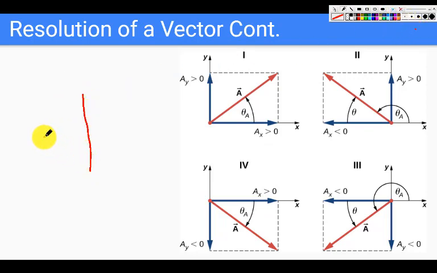So let's assume that we have these axes, x and y, and we have a vector here, and the components of this vector, so let's just say this is -3 and this component is -2. Okay, sorry, 2.